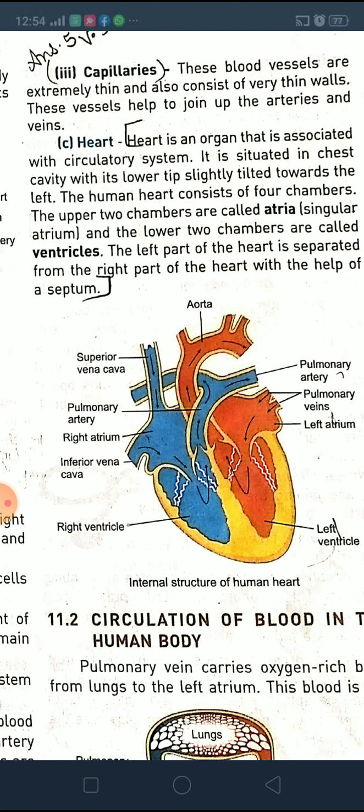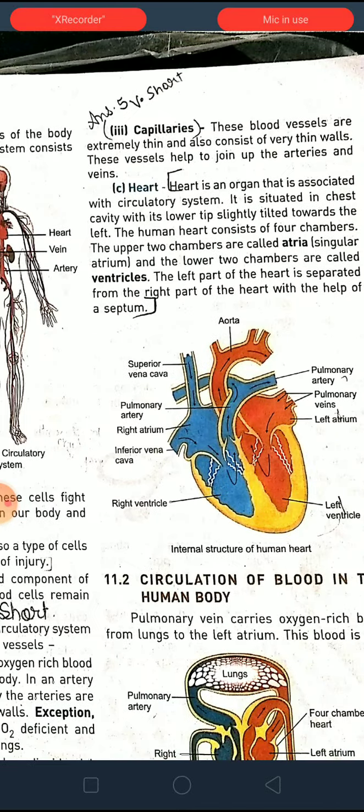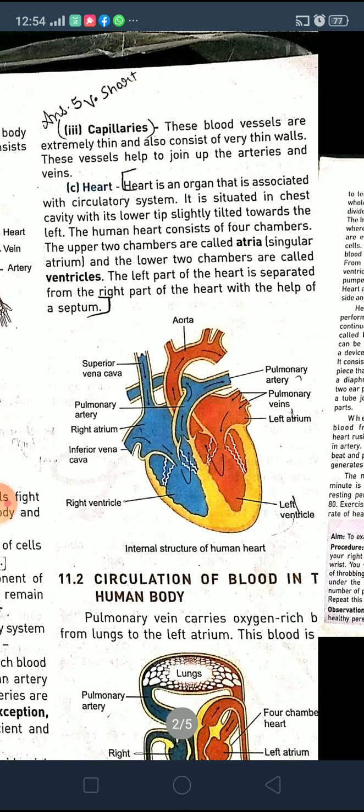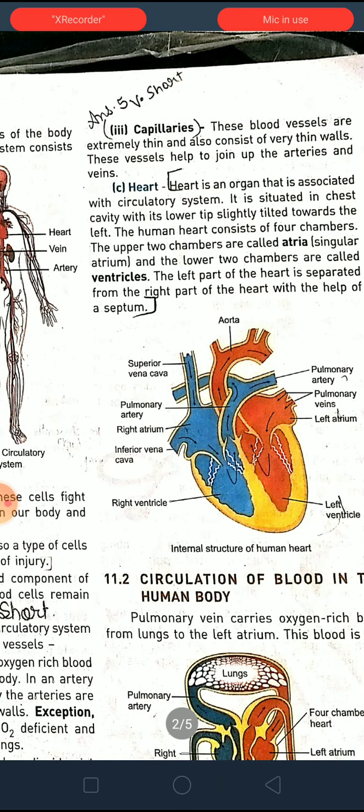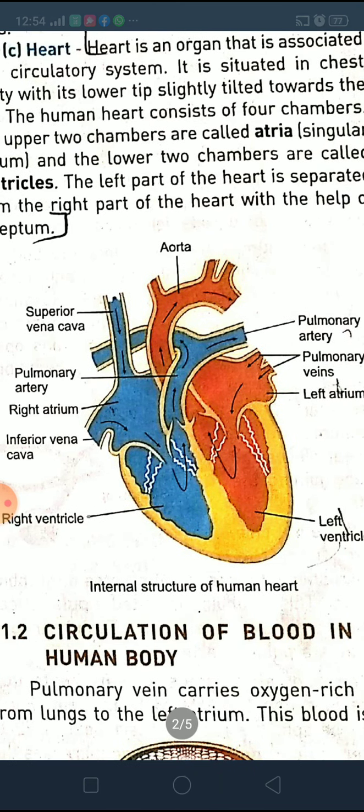Now the main part of transportation in animals is the heart. Here you can see the structure of the heart easily, and you have to make the diagram and you can take a screenshot. The heart is an organ associated with the circulatory system.